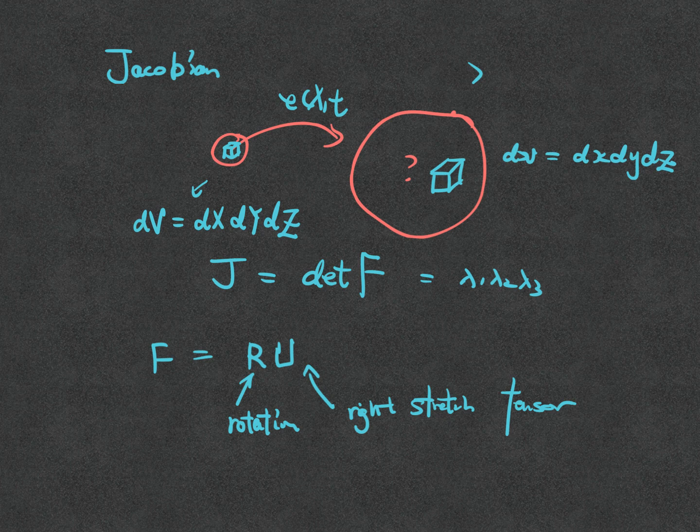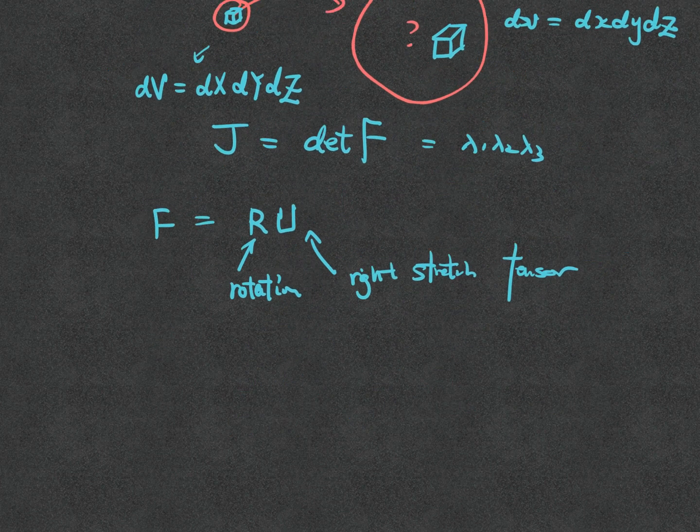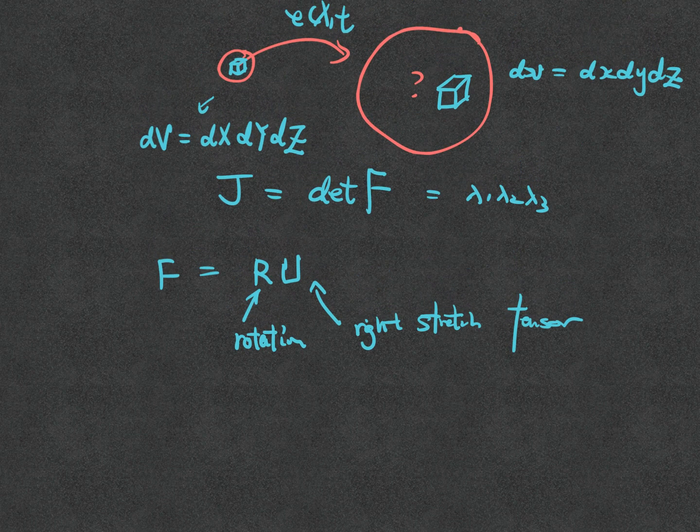So which one has eigenvalues that are not equal to one? Just U, right? Okay, so now what actually happens is that if I take out the rotations, the small v, dv, is equal to lambda dx in the principal direction, not the original one.